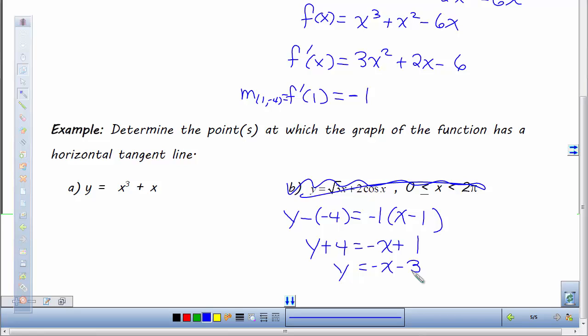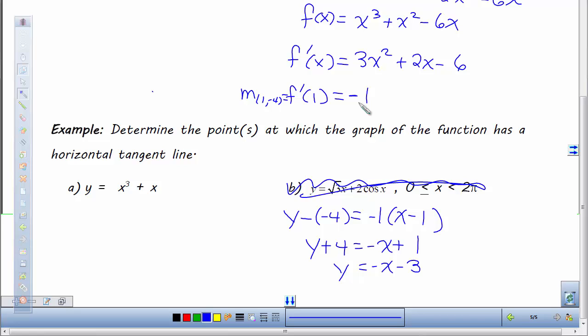Okay, did I do something wrong? Where did I get the what? This negative 1? When I plugged in 1 here, I got negative 1. So it was 3 plus 2 gave me 5. 5 minus 6 was negative 1. No, it's x squared. So 1 squared is 1.